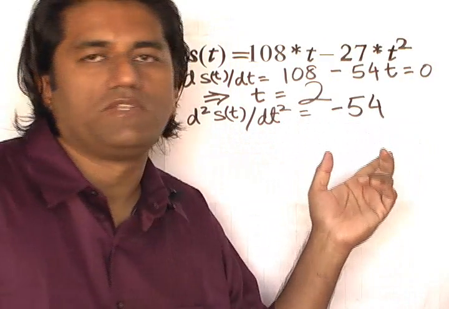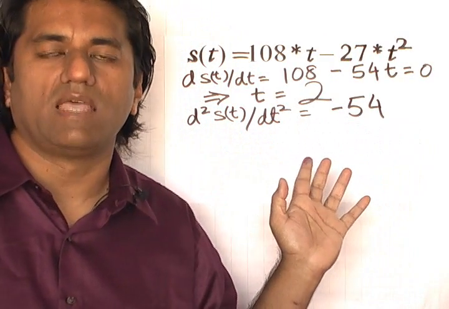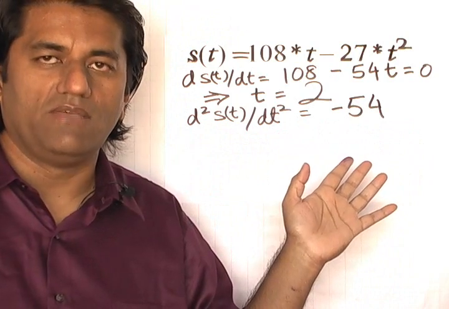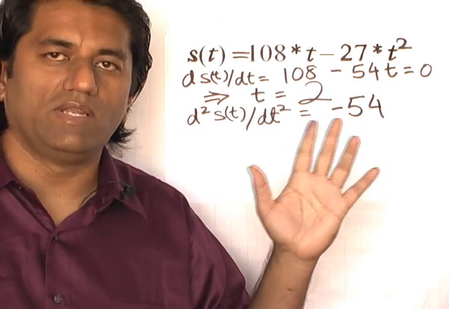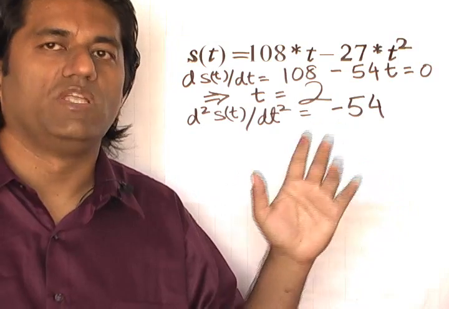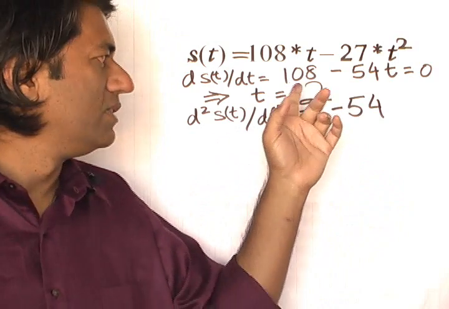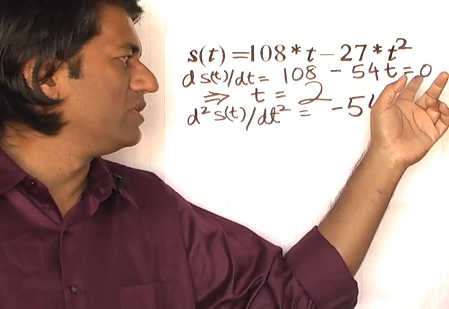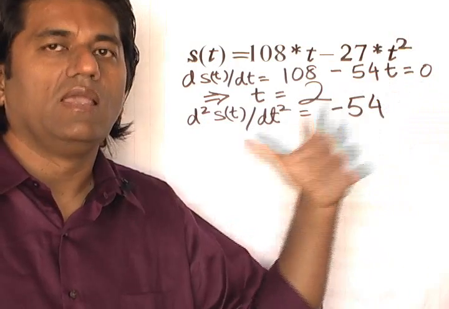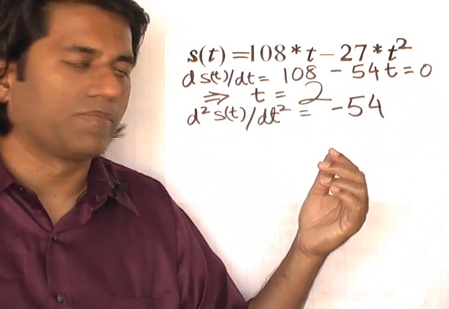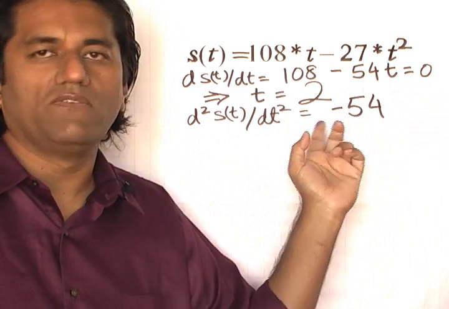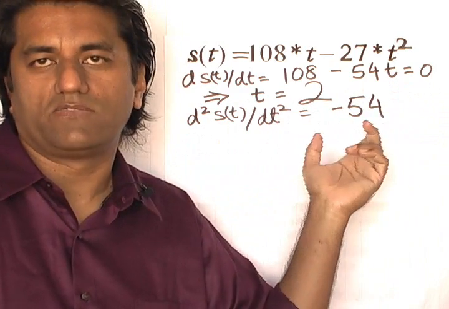And this minus 54 you can see is negative. The second derivative is negative, which tells us that the point at which the first derivative was 0 is a point of maxima. Now the second derivative is always negative for this function.